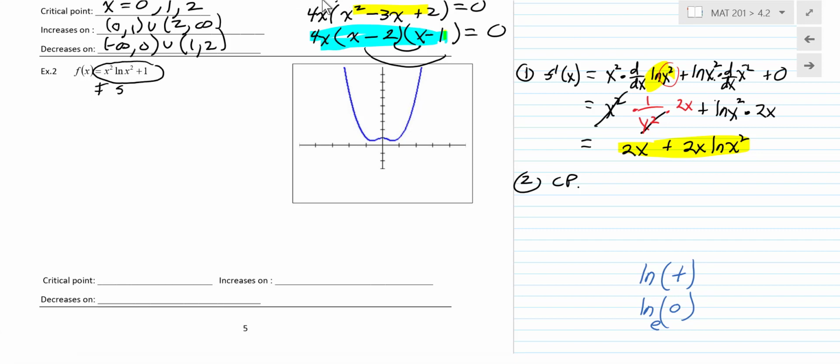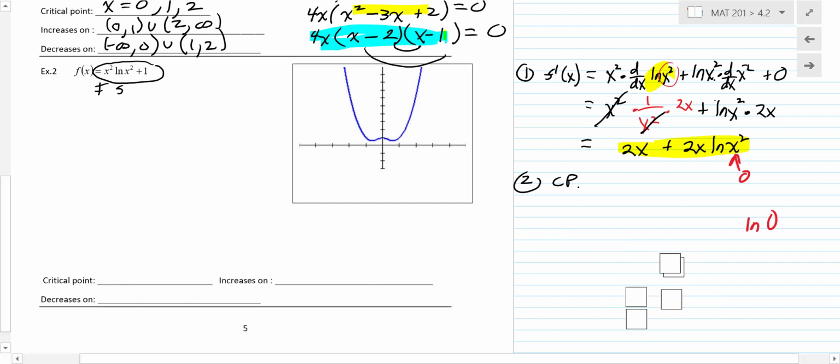Because if x is 0, then you're going to end up doing the ln of 0. Does everybody see that? You've got to pay attention to that. That's one of the most common things in these problems that students forget about, that the derivative can be 0 or can be undefined somewhere. So you would definitely have a critical point at 0.